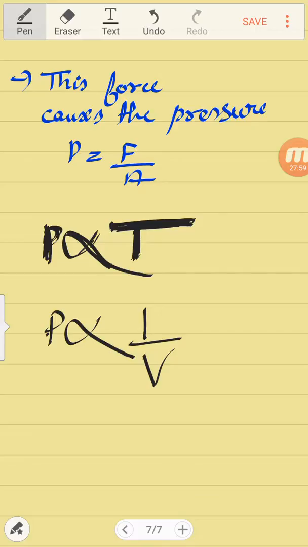And when pressure increases, volume decreases. Right?